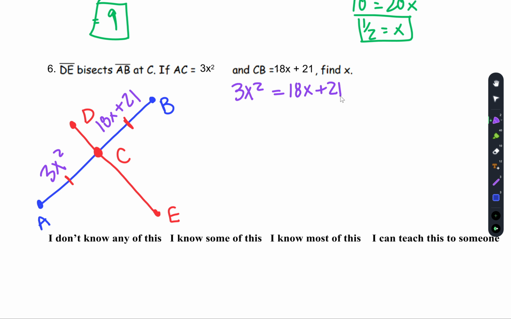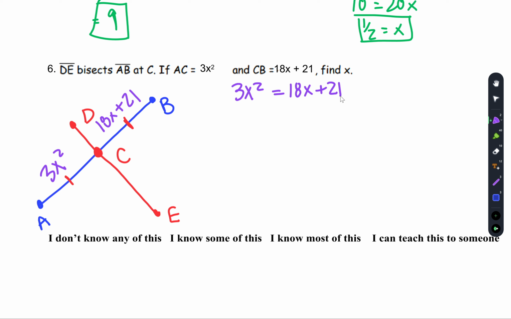Uh-oh, how do we solve this? Caitlin. Not square root the x. I got an x on the other side. Dahlia? I can divide by 3. What should I do first, though, Anna? We're going to factor it, which means we're going to move everything to one side, and then you're right, we are going to take out a GCF of 3.